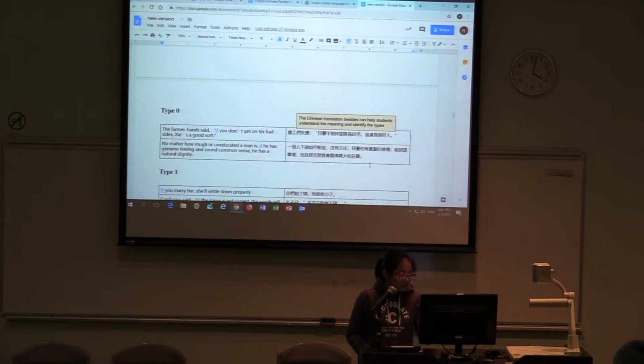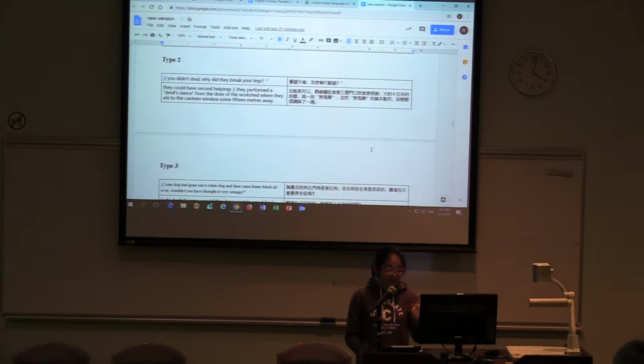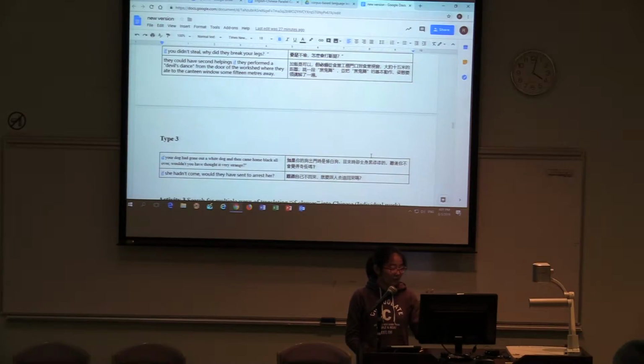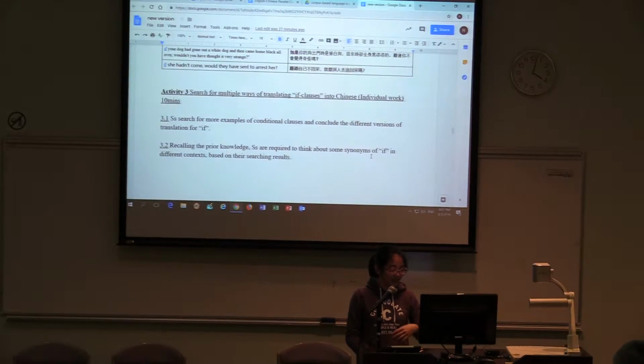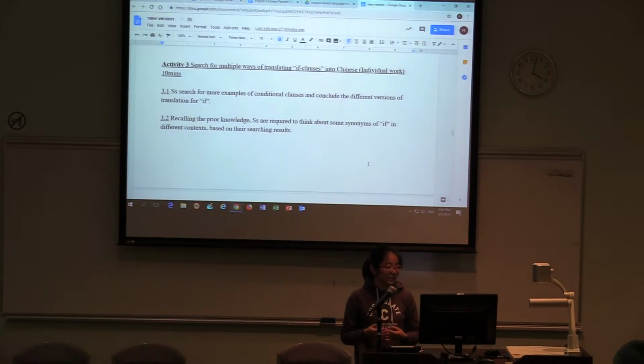And after they have a relatively clear picture of those 4 types of conditional clauses, we will go to the next task. We will ask students to use the corpus to search for multiple ways of translating if clauses into Chinese. It is an individual work. They just search and make some summary by themselves.